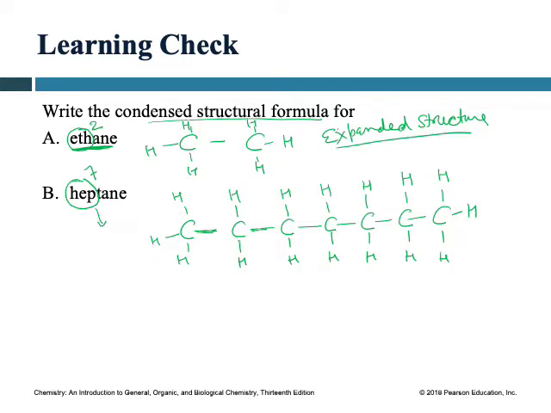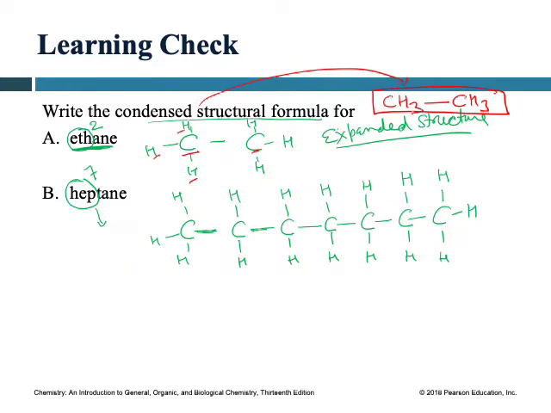But how are we going to write the condensed structure? Can I write the condensed structure like this? For this one, as CH3, you have carbon and 3 hydrogen, then a bond, then the second carbon, CH3. So this is your condensed formula. Same thing over here.